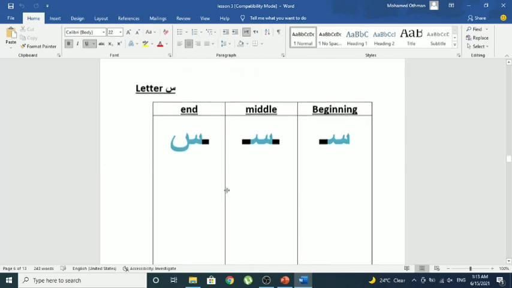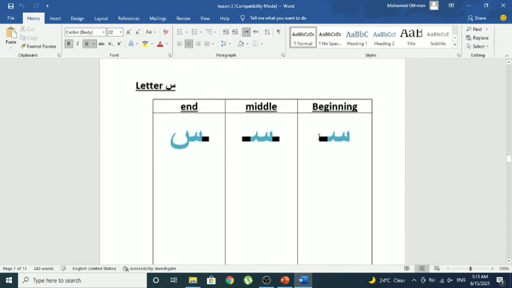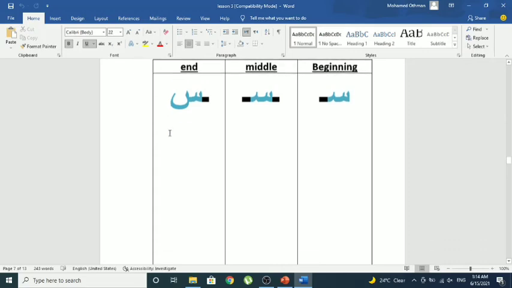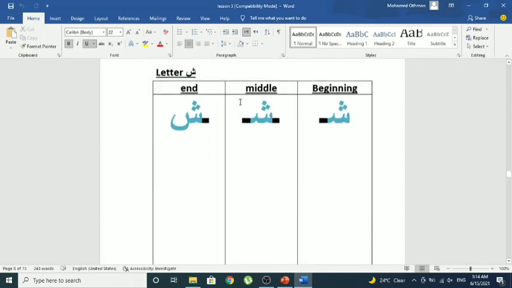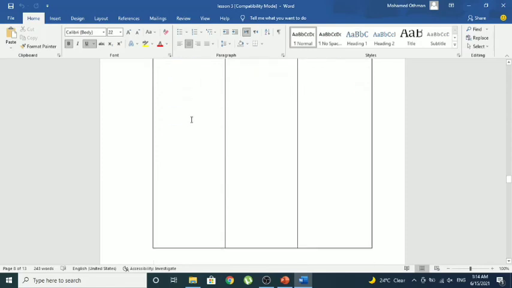Second group is Sin, and you have to learn how to write it in the beginning and in the middle and in the end of the word. And its sister is Sheen, in beginning and middle and end of the word.